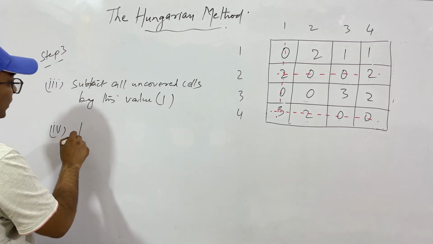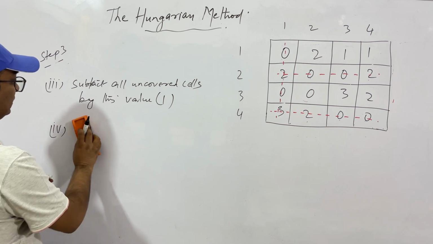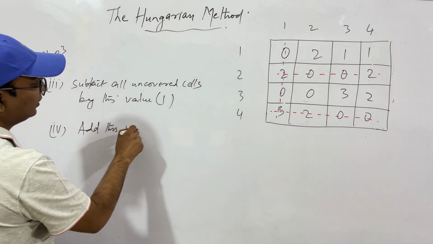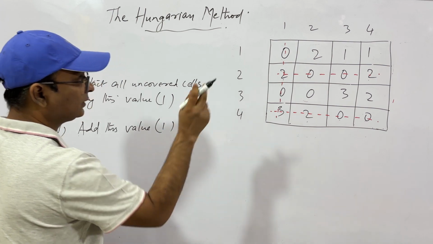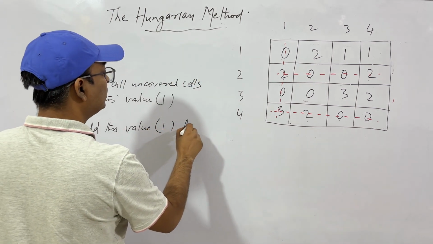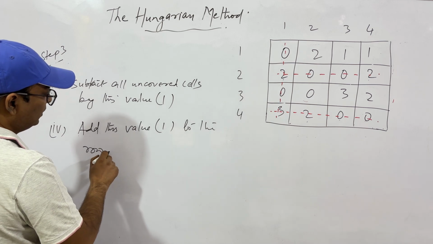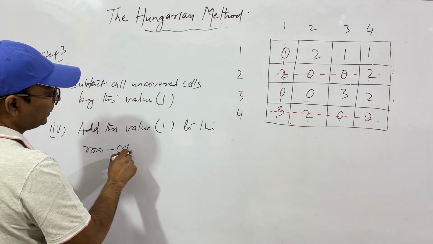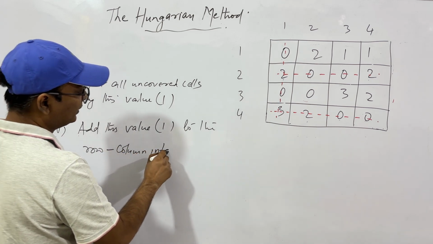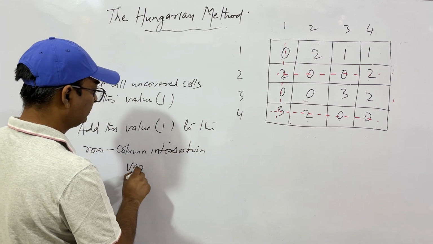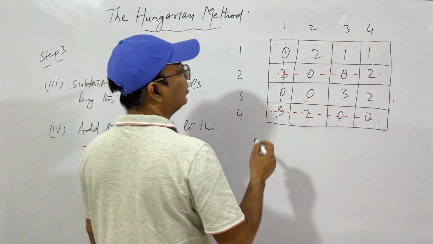Now, fourth: at the row-column intersection points, add this value, that is, this 1, the lowest one. Which are the row-column intersection points?